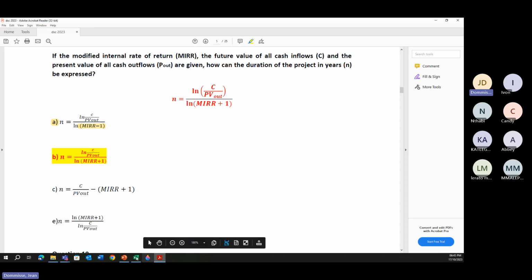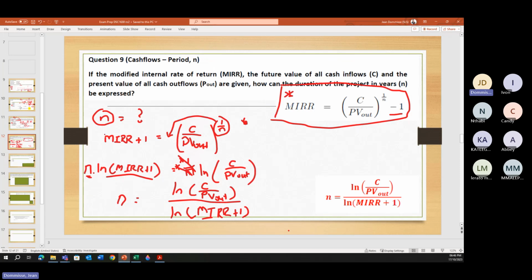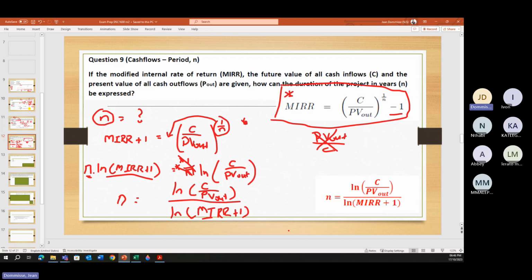But then as one works through and you see there's mer plus one, if in any one of the others there's a mer minus one, you can cancel that out. The same if suddenly one of the options is PV out over C. If that is in one of your answers, automatically you can say no, because there's no way we're going to change that if we need to get to n.